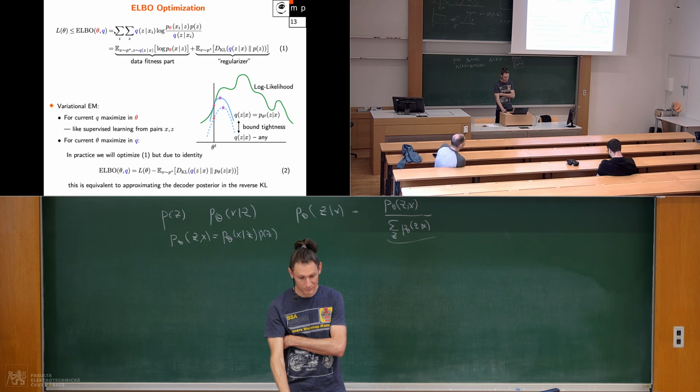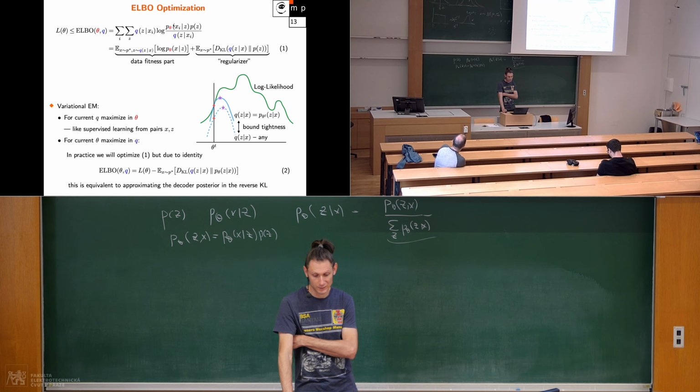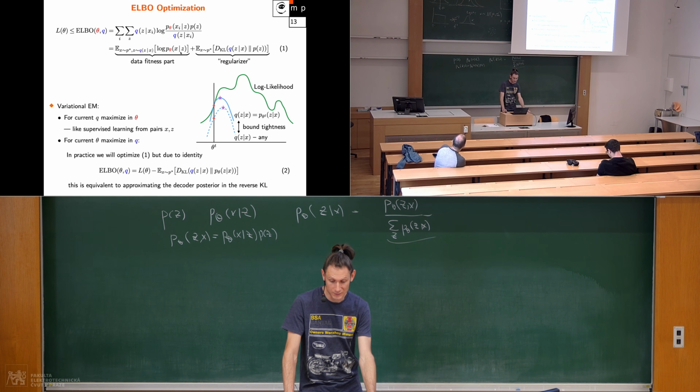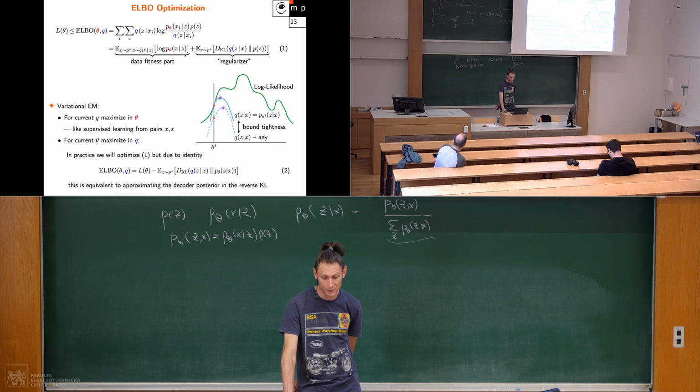So we have this lower bound, and if we express the ratio under the logarithm as the difference of logarithms, we can separate it into terms. One term depends on the conditional likelihood under our generative model only. This looks pretty much like the likelihood that we optimize when we learn conditional models, right?